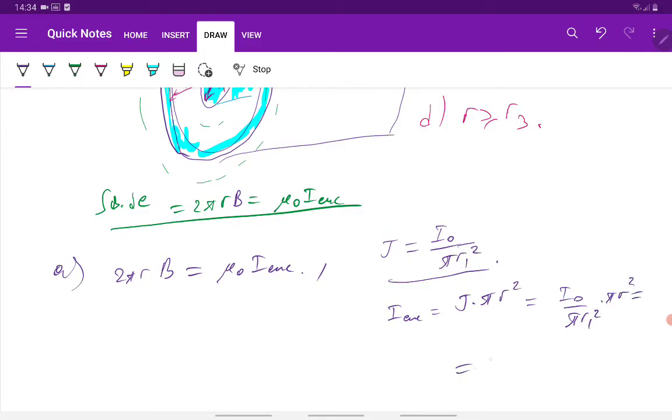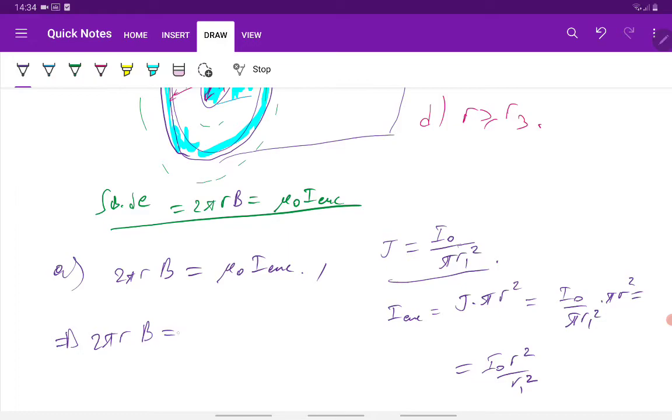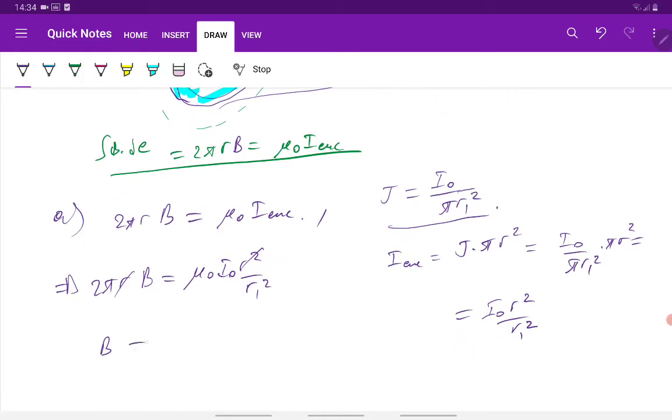Hence I enclosed equals I0 r squared over R1 squared. So let's substitute here: 2πr B equals μ0 I0 r squared over R1 squared. So r cancels, and magnetic field equals μ0 I0 r divided by 2πR1 squared.